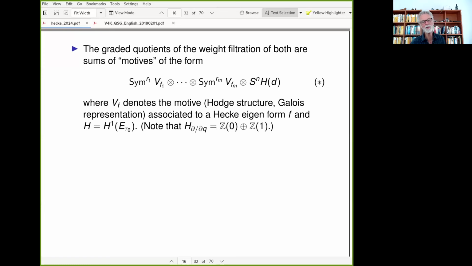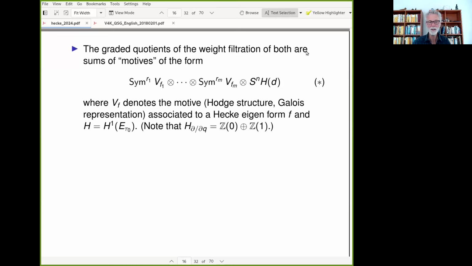You can take symmetric powers of those and take tensor products where the modular forms are different. These are basically supposed to be the simple motives of this type. And you tensor them with some symmetric power of H1 of the elliptic curve corresponding to a base point, and you take a Tate twist of that.